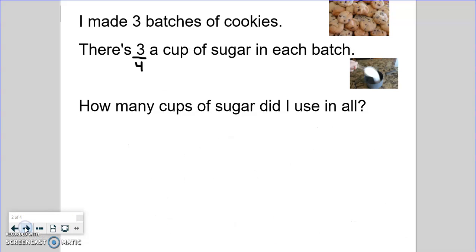Okay. Now, I make 3 batches of cookies. There's 3/4 a cup of sugar in each batch. So let me draw the circles again.